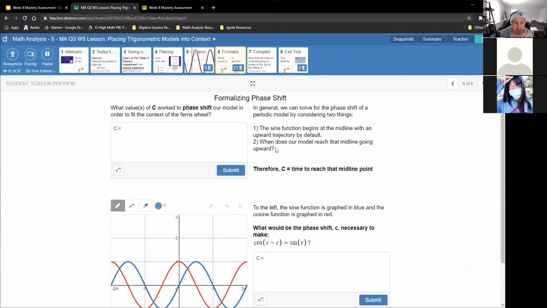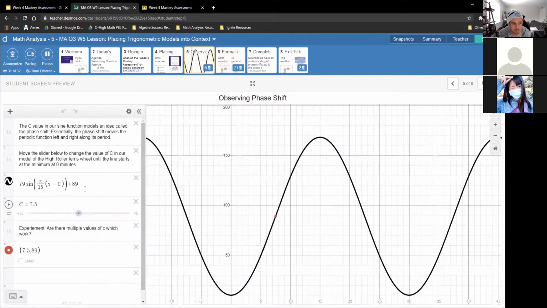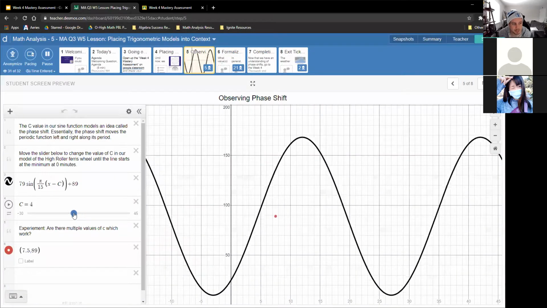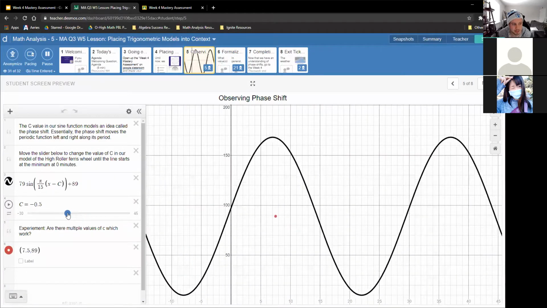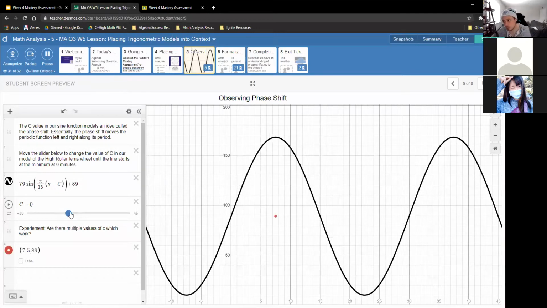So that's the first thing to observe. And then second, you look at when my model reaches the point where it's at the midline going up. If you can figure out how long it takes to do that, that is your C value. You can even, as we saw before, guys, do negatives. For example, if it's easier to consider how long ago I was at the midline, that's negative time, isn't it?